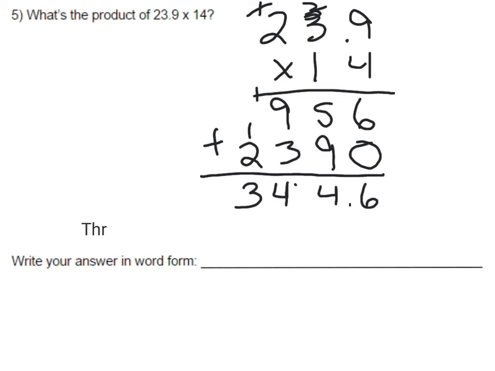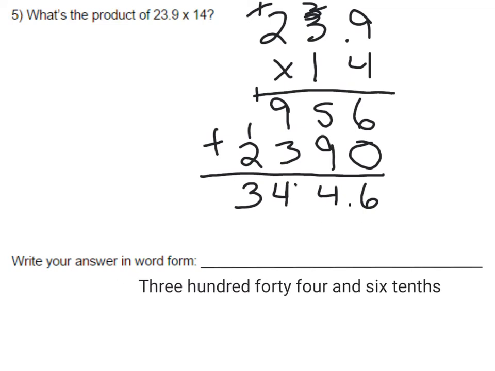I'm going to write three hundred forty-four, and now think, how would I represent that decimal as a word? The word and, 6/10. Hopefully that's how you wrote it in word form as well. Nice job if you did, super job.